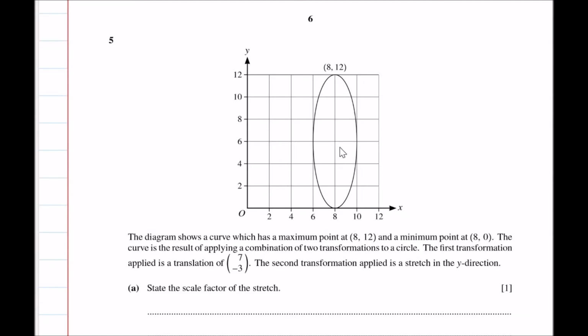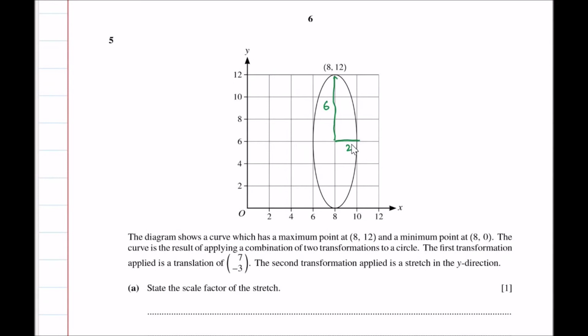If you see here, easily we can notice that originally the radius is 2 units. Now when it is stretched in the y direction, if you see, this is 6 units.